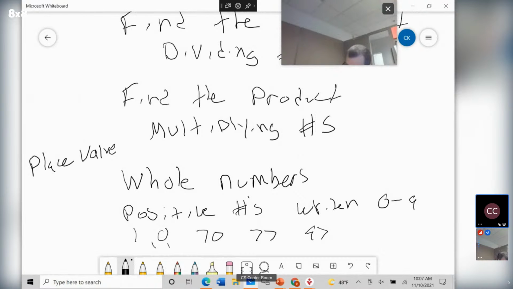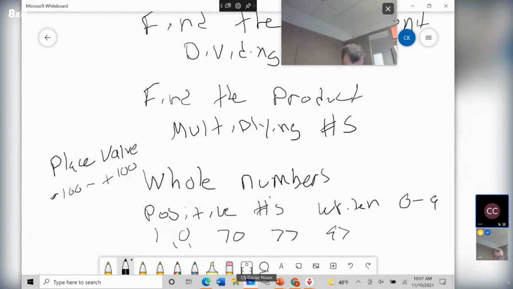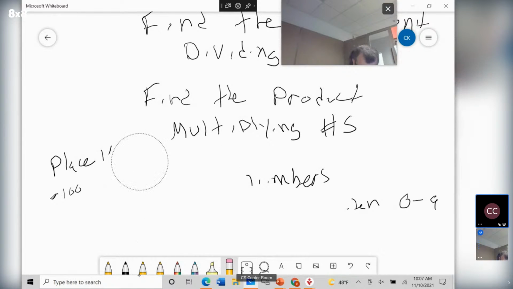And that's numbers between negative 100 and positive 100. So let's go to place value right now, okay? Because I want to talk about place value. And I think we've done this before, but I want to make sure that we all understand it because it's really important we do decimals. So place value.